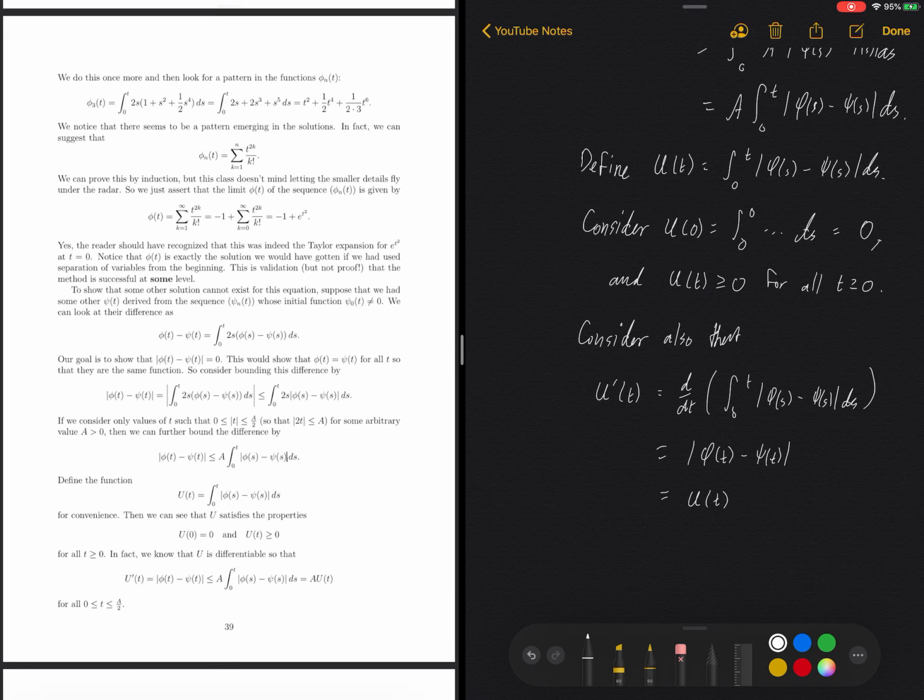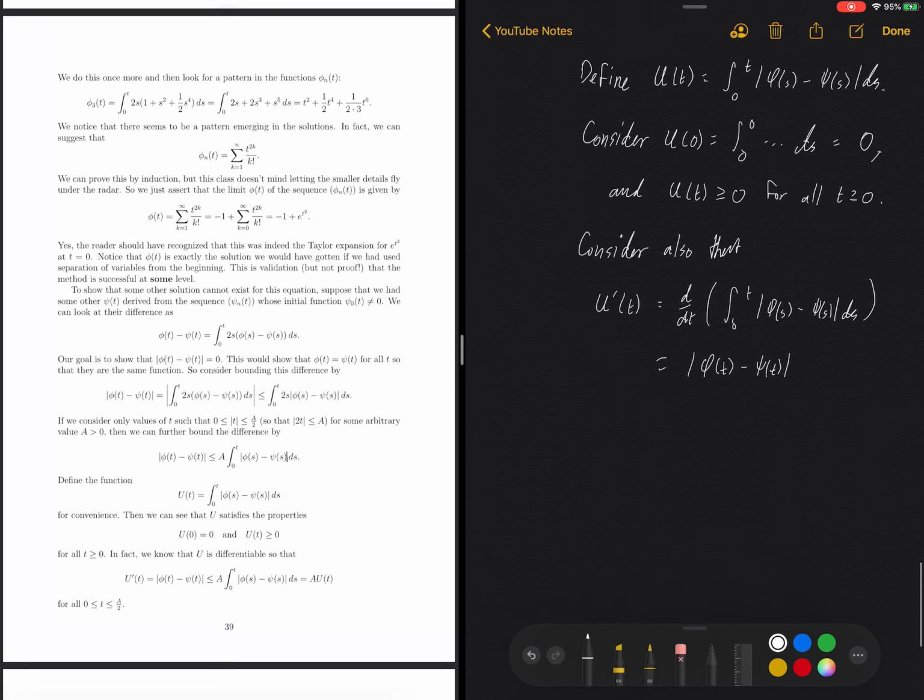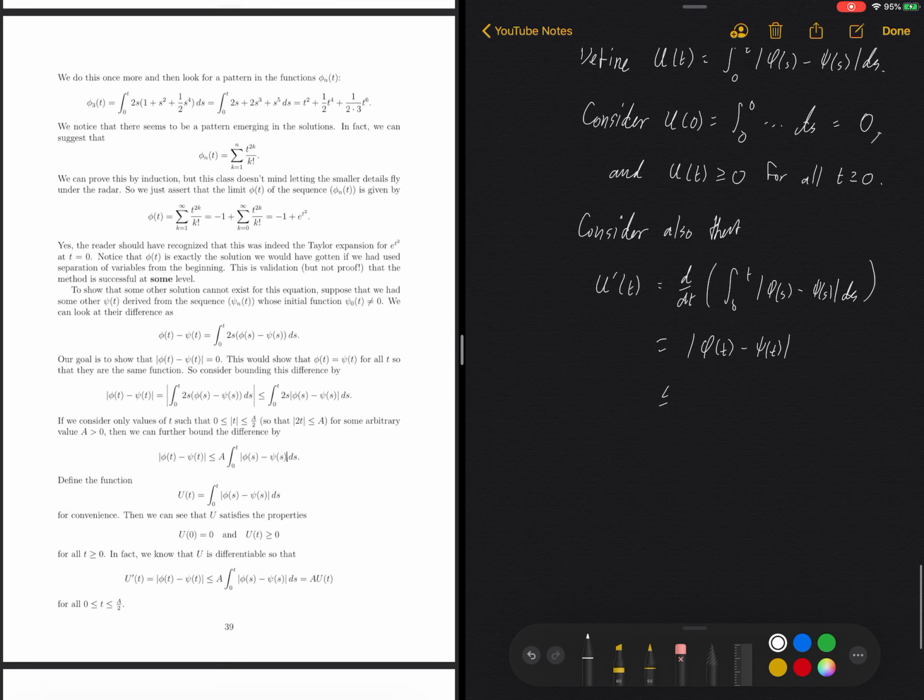Or not s anymore, these are actual, honest to goodness, t's. Whew. But this is exactly what I have for this guy. So actually what I have here is a different, oh wait, do I have that right?